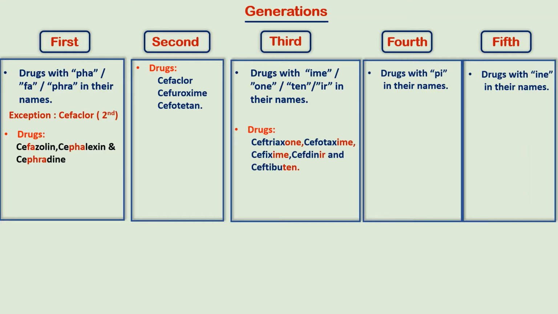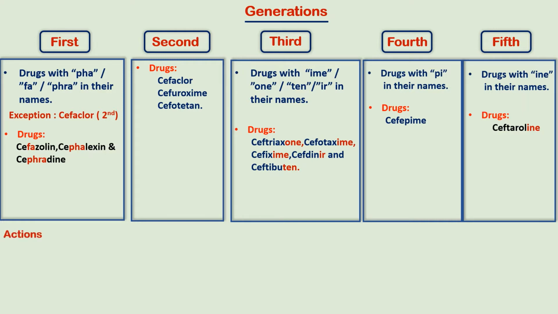It also includes cefotaxime, cefixime, then cefdinir, etc. In the fourth generation, we have cefepime and cefpirome. The fifth generation is exclusively parenteral, which includes ceftaroline and ceftobiprole.